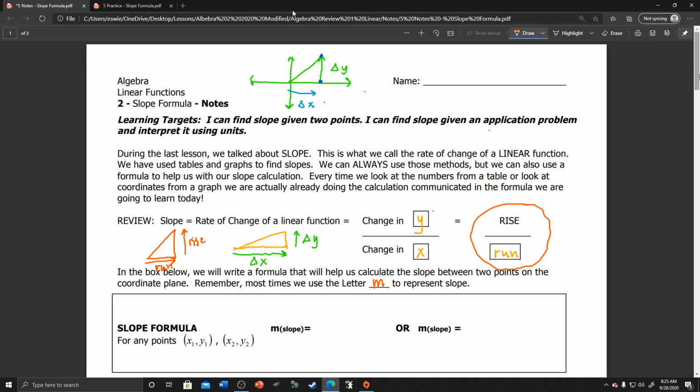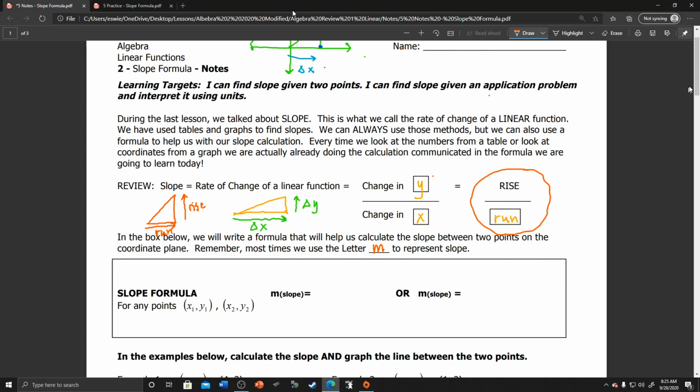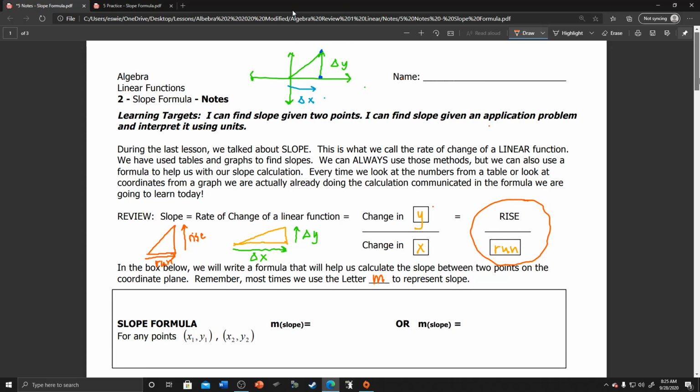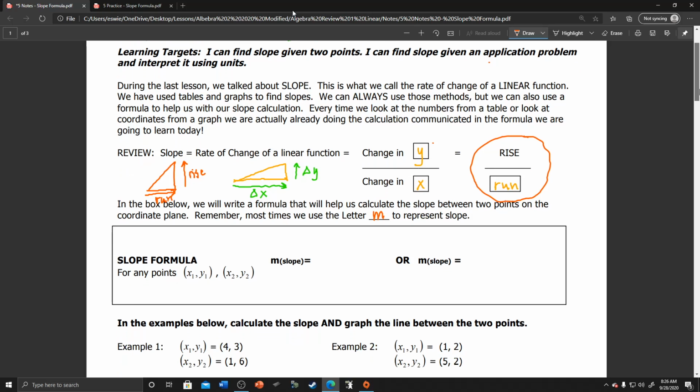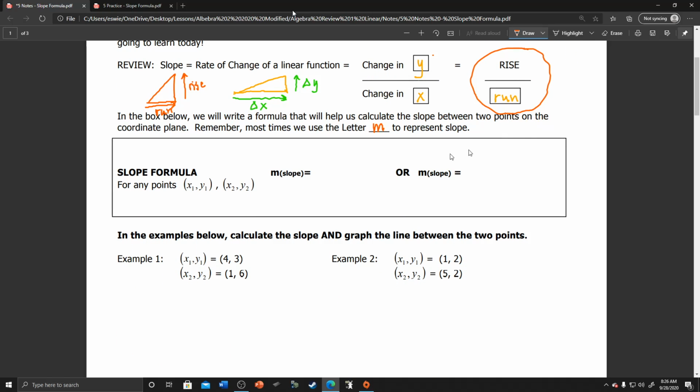So we often think of slope represented by the letter m. And now let's actually talk about this formula. I encourage you to pause the video if you don't have this stuff written down. But I am going to scroll down a little bit, and a little bit more, just so I can do those examples too.